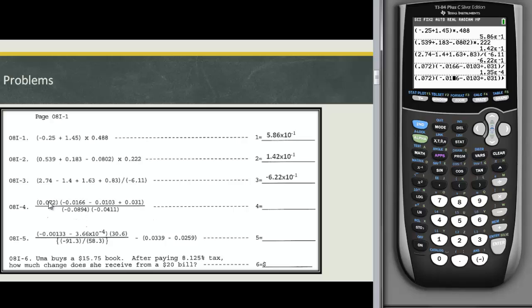That's not how we're supposed to do it in math. When we do it by hand, I have to solve everything on the top first, solve everything on the denominator second, and then divide the answer on the numerator by the denominator.